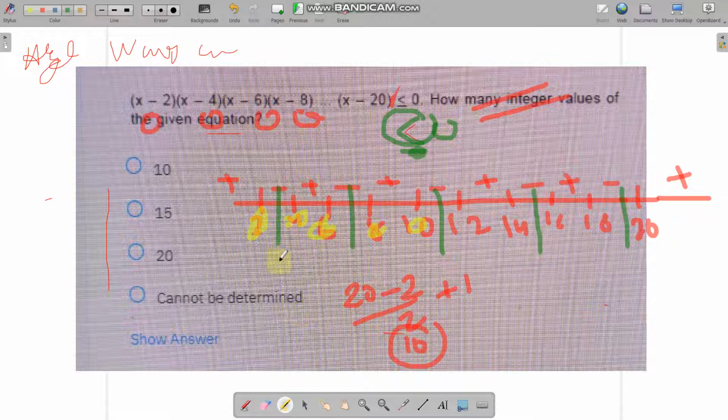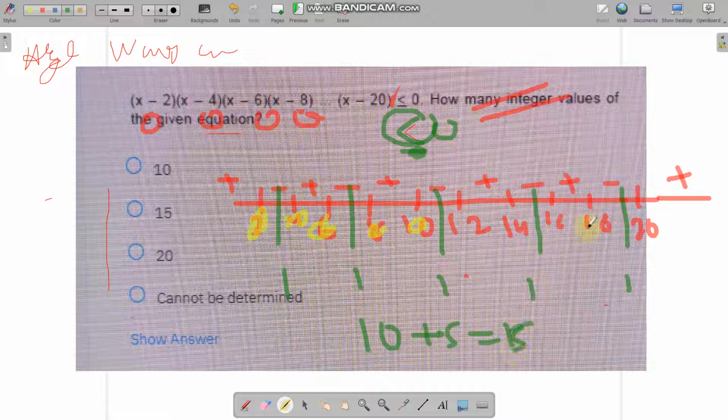What they will be actually won't matter. All we need to know is that we get an integer which satisfies the inequality. So total 5. Initially we had 10, now 5, so overall 15 is the answer to this question. Super awesome question this was.